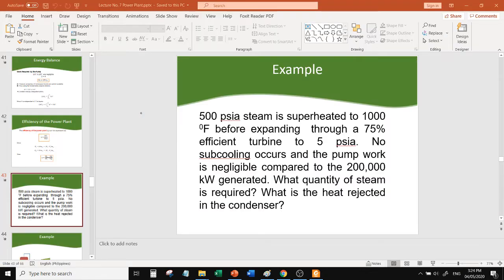The problem says 500 psi is superheated to 1000 degrees Fahrenheit.